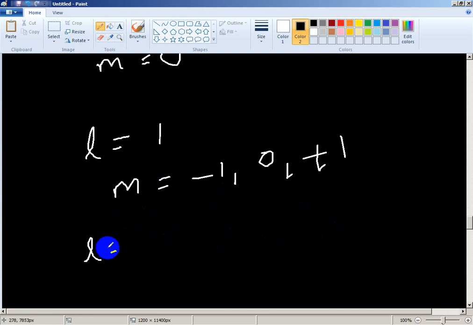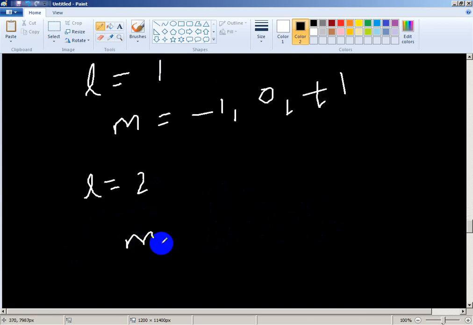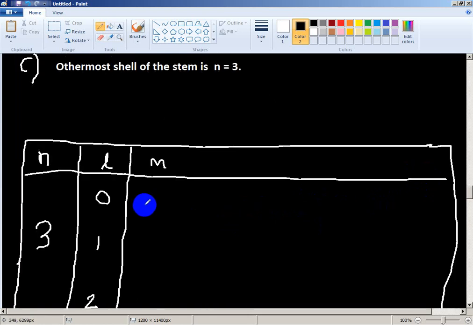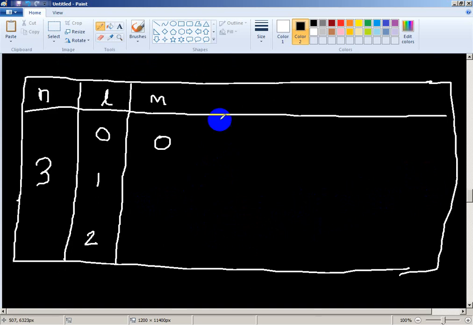If L equal to 2, M will be minus 2, minus 1, 0, plus 1, plus 2. Okay, this is the M value.